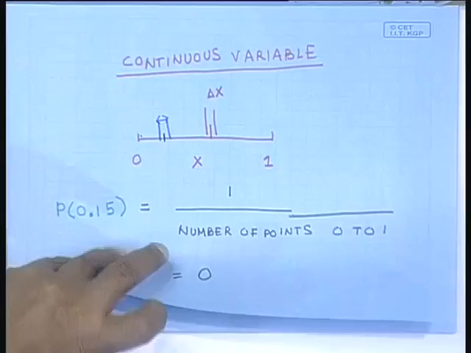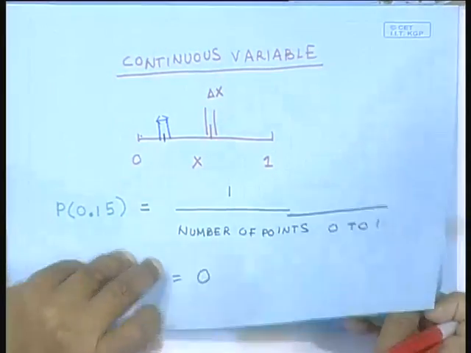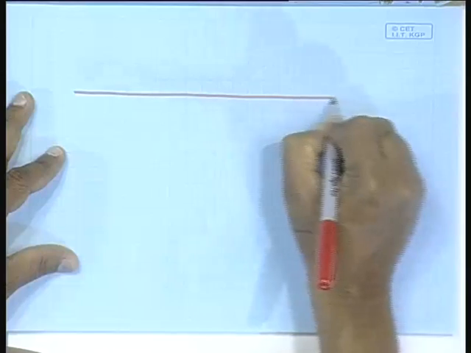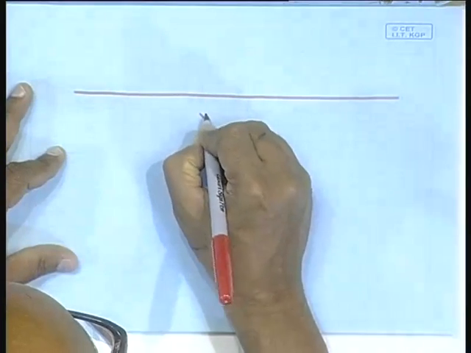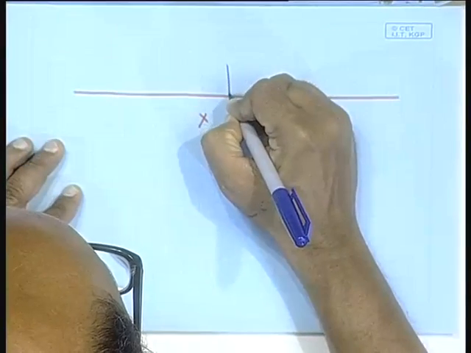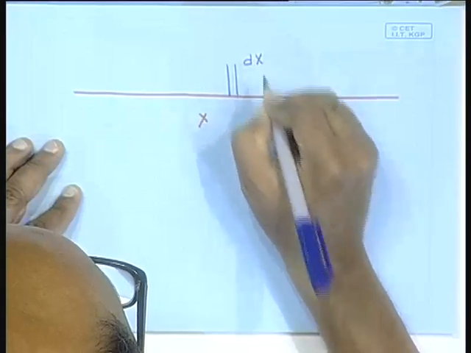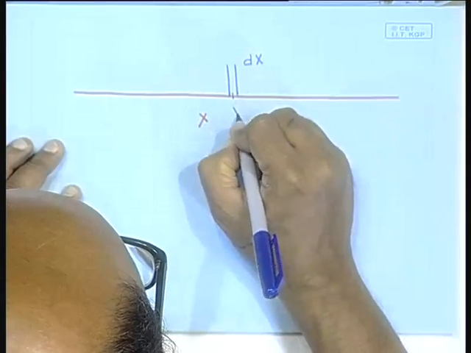Now, in a more general situation, the question could be like this: the particle, or the random variable x, is somewhere along the real line, and you could ask, what is the probability of finding the particle in the interval dx around the value x?